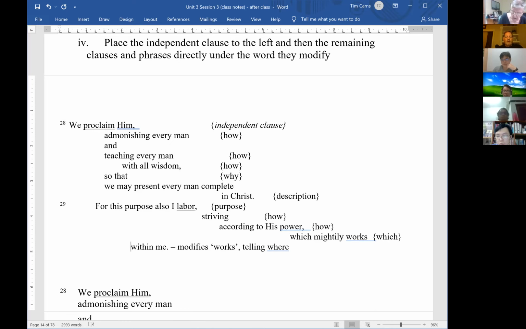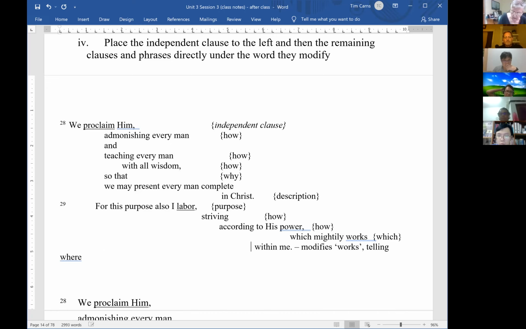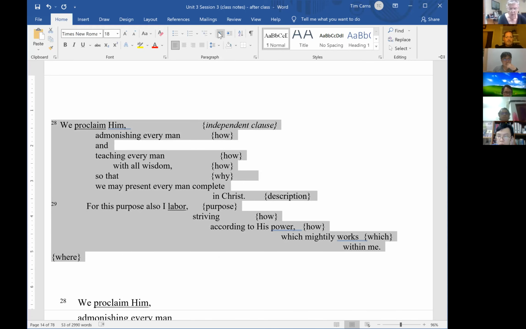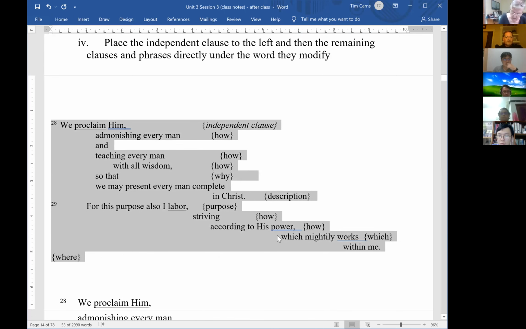And that is where that power works. So it's answering the question where: within me. So it's going to modify the verb. Okay. All right, so this is our diagram for this passage in Colossians 1:28-29.